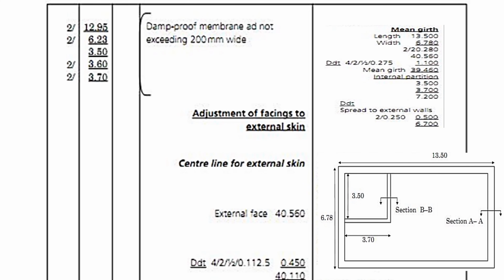Measure the damp-proof membrane not exceeding 200 millimeters wide. The damp-proof membrane is on every wall and on the inner side. So I will highlight in red where the damp-proof membrane will be. It shall be here, on the surface of the wall. Sorry, it should be straight.